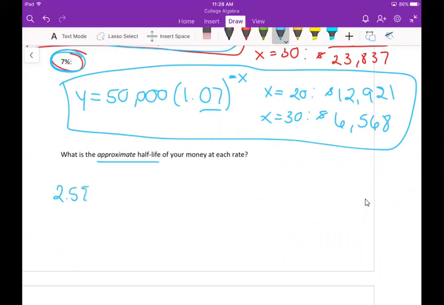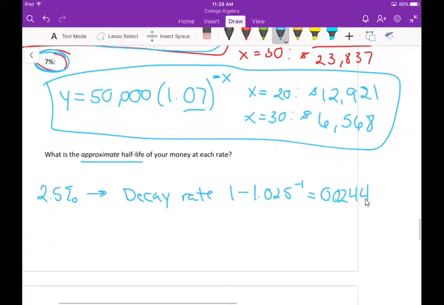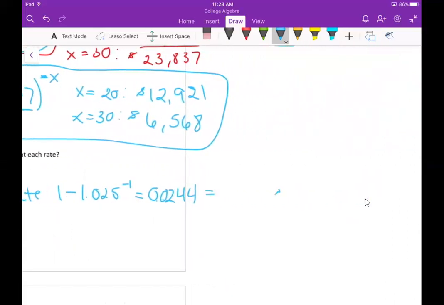So at 2.5%, remember here that we had that inflation being a decay rate. We took 1 minus that decay factor to get 0.0244, and we got that to be 2.44%.